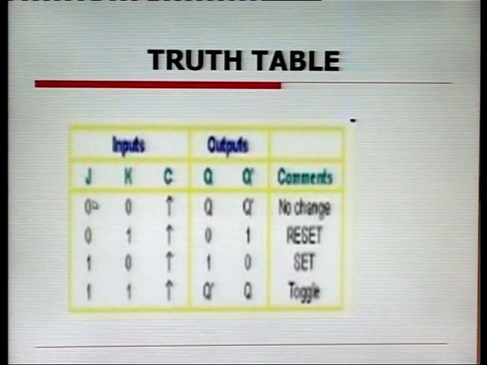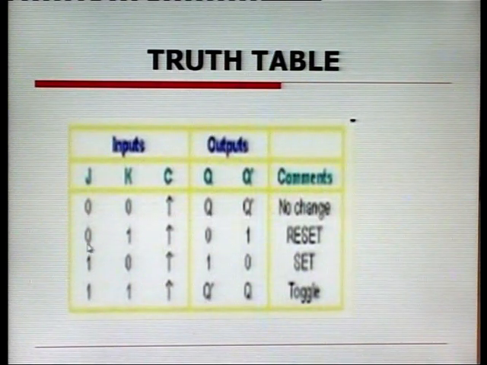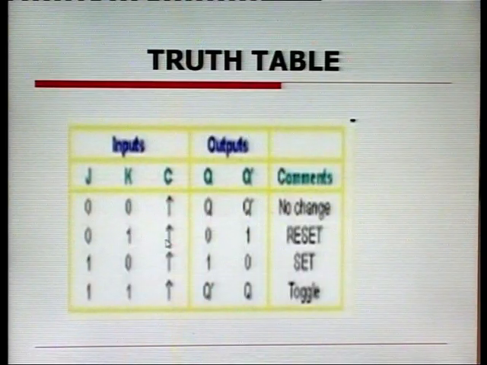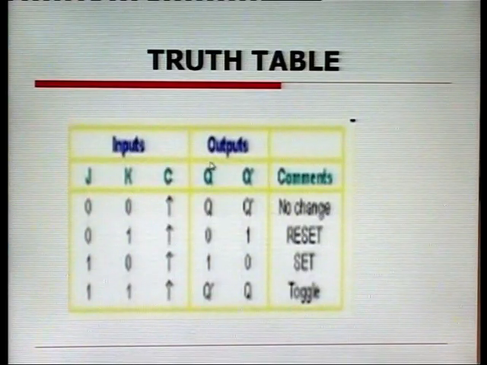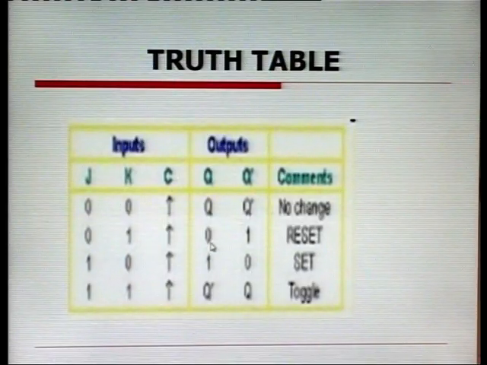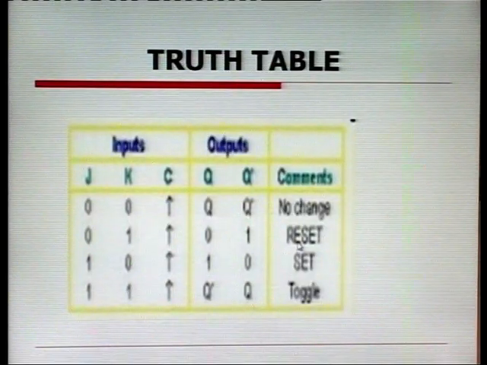In the same way as in the RS flip flop, if the J input is 0 and the K input is 1, then a clock signal is there. This arrow shows a positive clock signal. In that case, we have Q output as 0 and Q bar output as 1, that is, the flip flop goes into the reset state.